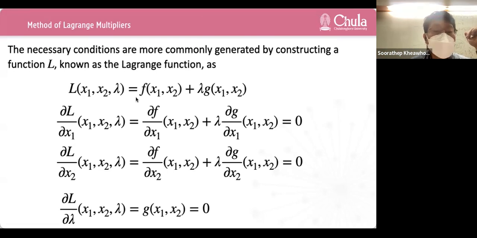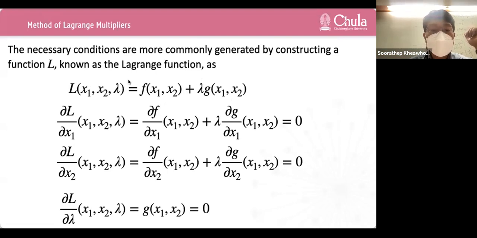This Lagrange function is written as a combination of our objective function and lambda times our constraint, only the equality constraint. We deal with the equality constraint first.